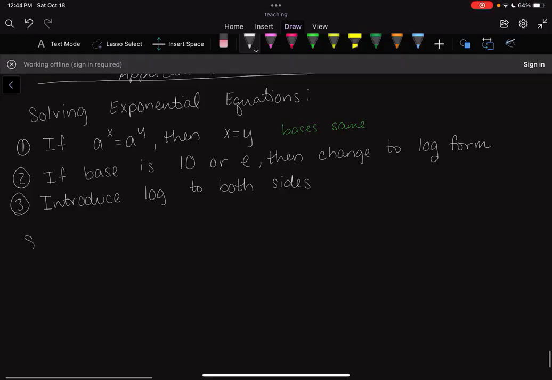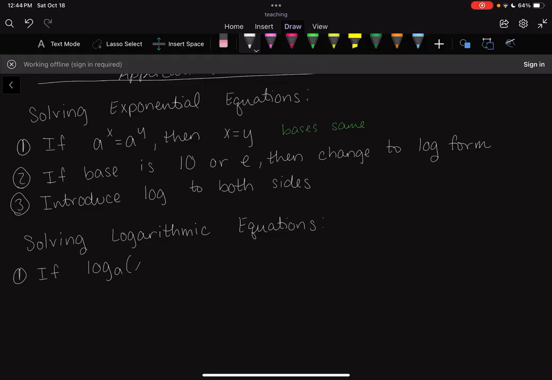But before we move on to doing those examples, I'm going to talk about also solving logarithmic equations. With solving logarithmic equations, very similar to with exponentials, we have this property that we can use.